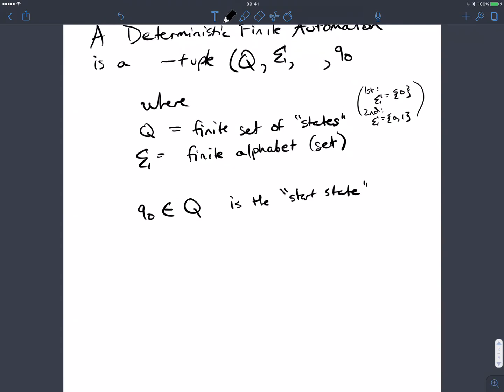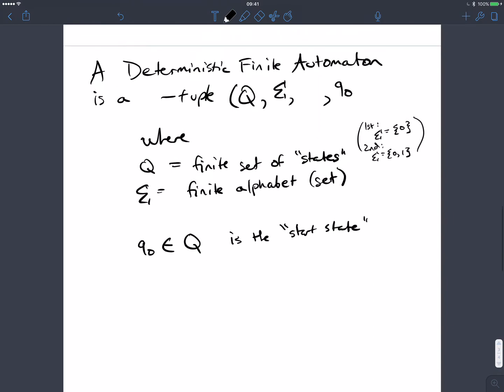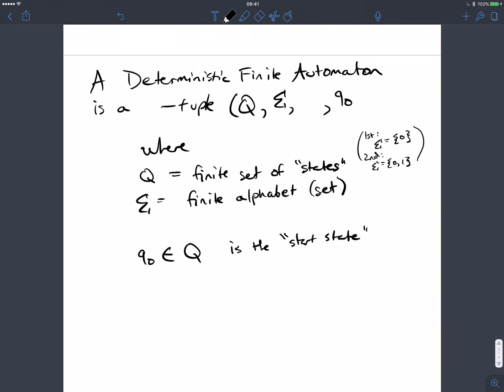Okay, what else do we need? Yeah, we need some states to be denoted as the accepting states, right? And as we said, could it be the case that no states are accepting? Could all states be accepting? Could it be some arbitrary subset of the set of states? All right, so we're going to put this last component in, called F for final.